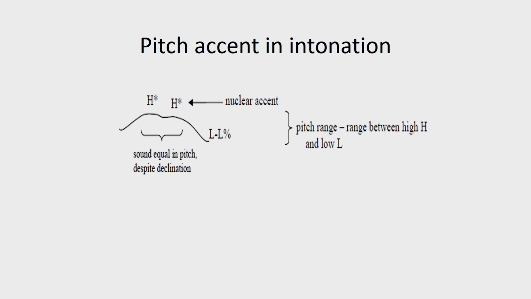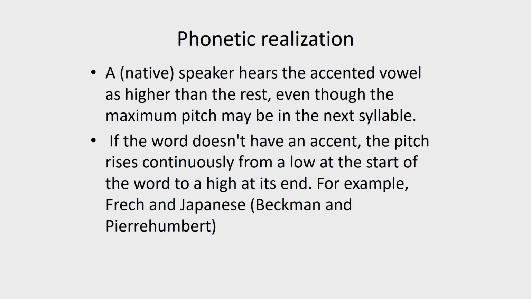The relative differences do not matter so much. And continuing with phonetic realization from the last lecture, a native speaker hears the accented vowel as higher than the rest, even though the maximum pitch may be in the next syllable. So those are some things one needs to keep in mind while doing an intonation analysis.